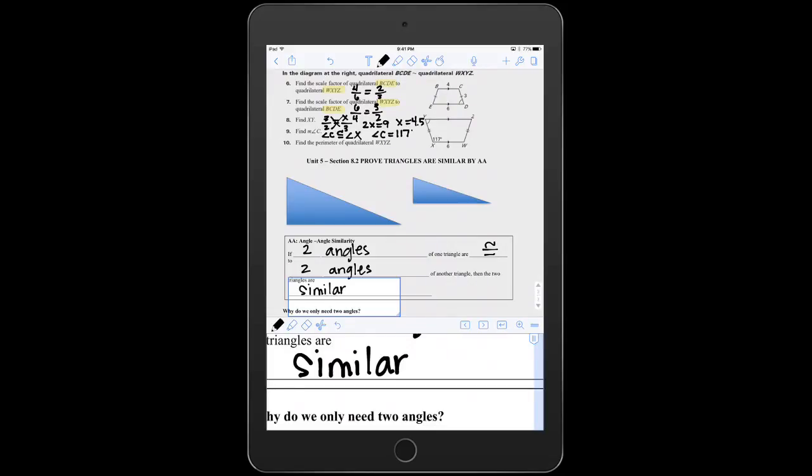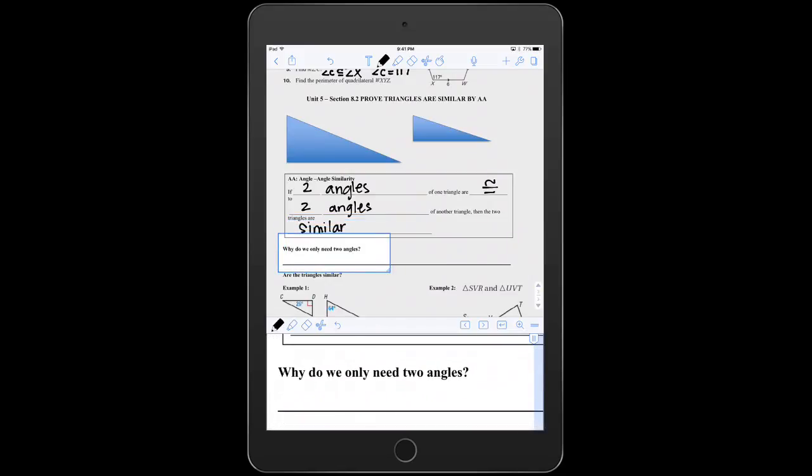So sometimes people might say, well, why do we only need two angles? When we were doing congruence, we needed three pieces of information. Well, back in a previous chapter, we learned the third angles theorem.